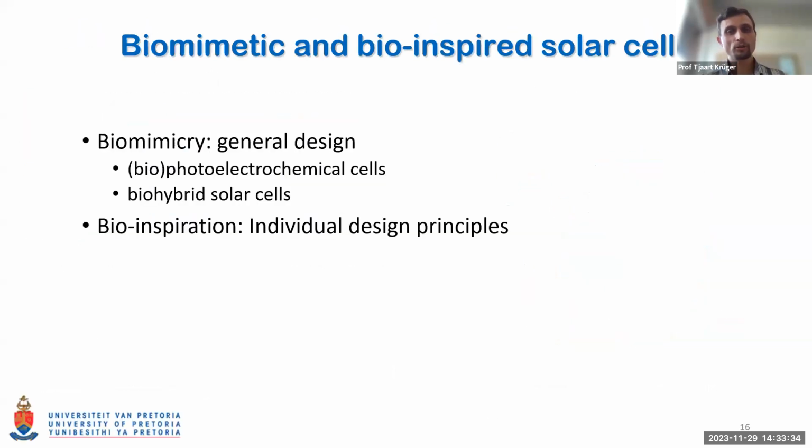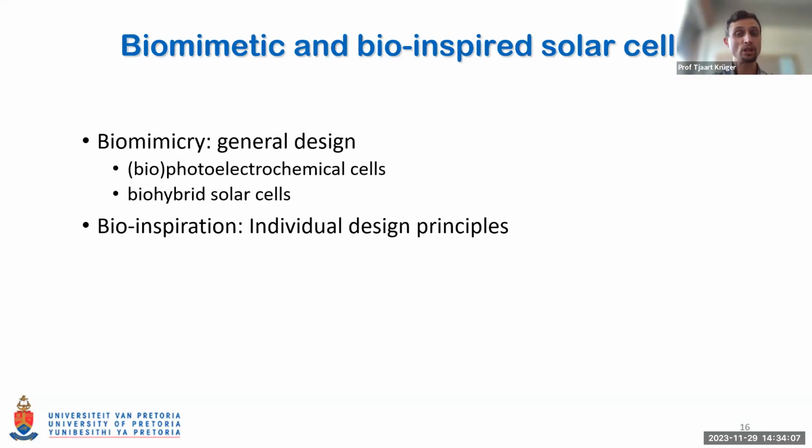So what I've shown you so far are a few examples of what one could call biomimicry. How I would define biomimicry as opposed to bioinspiration is that biomimicry considers the general design. You are taking many design principles into account, like what we saw for the photoelectrochemical cells, mimicking the complete photocatalytic water splitting reaction of photosynthetic organisms.